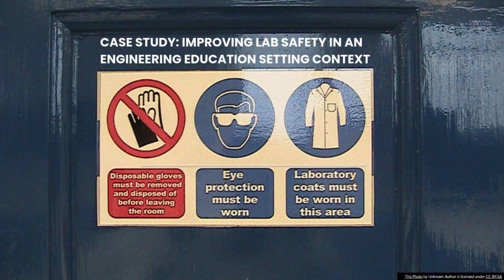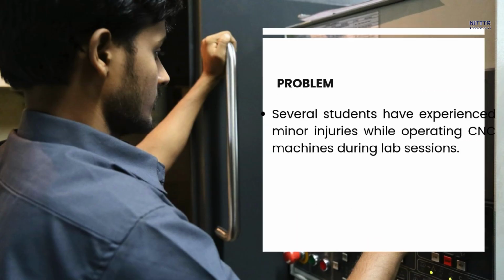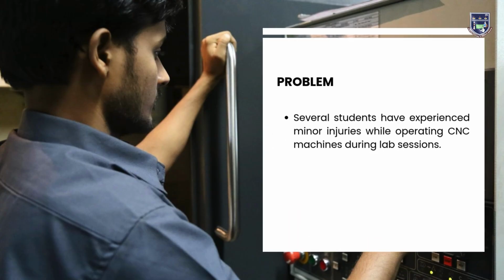Let us consider another case study in improving lab safety in an engineering education context. Consider a mechanical engineering department in a university. A series of minor accidents occurred during the laboratory sessions involving the use of CNC, that is, computer numerical control machines.